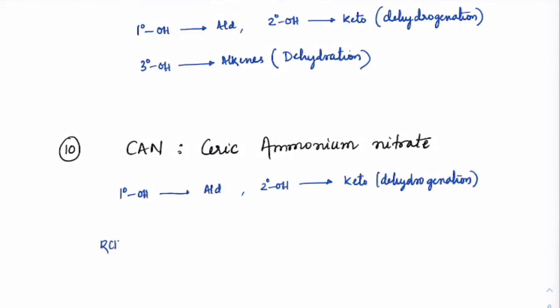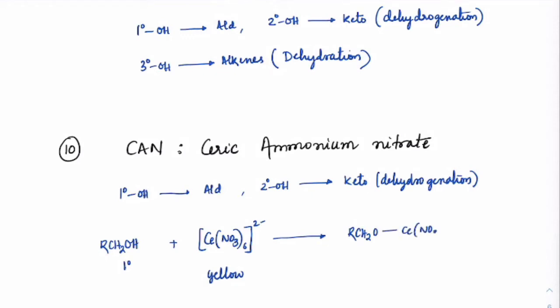In short, if you take a primary alcohol and react that with ceric ammonium nitrate, which is yellow in color, it will convert into RCH2O Ce(NO3)5 with minus 2 H plus and NO3 minus.